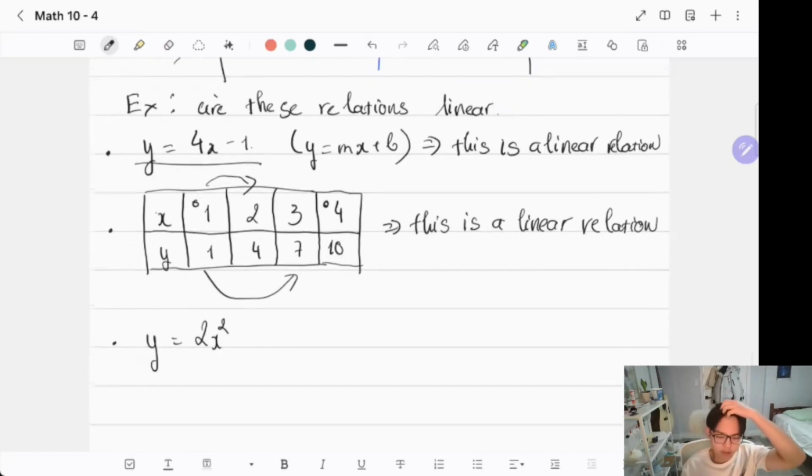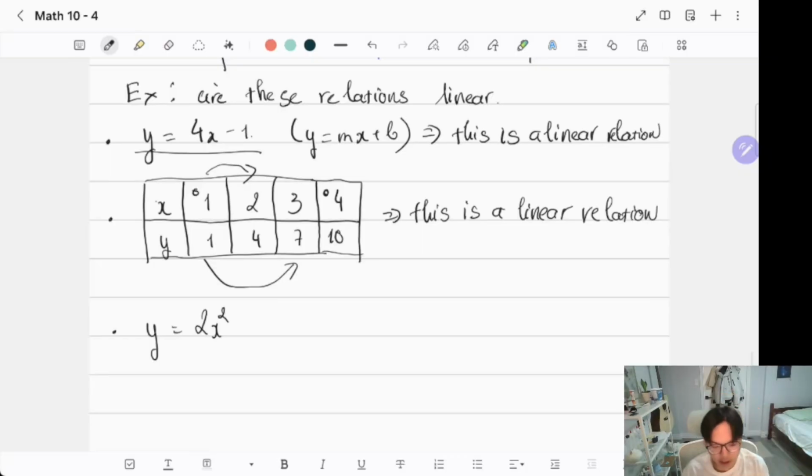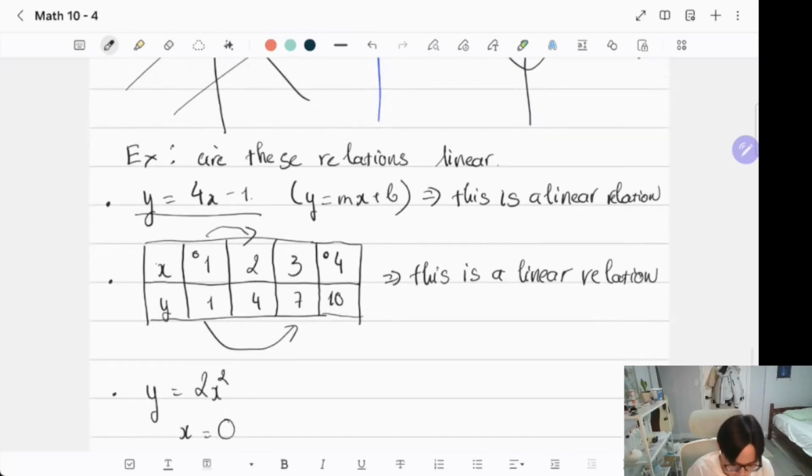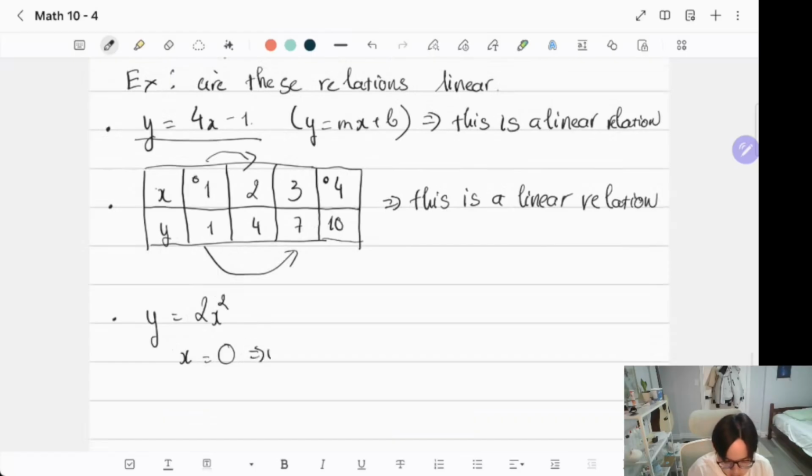Right, so the last one: is this linear or non-linear? For this one, we need to calculate the rate of change. For example, I take x equal to 0, so I get y equal to 2 multiplied by 0 squared, which is 0, right?